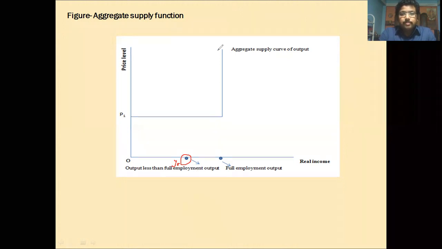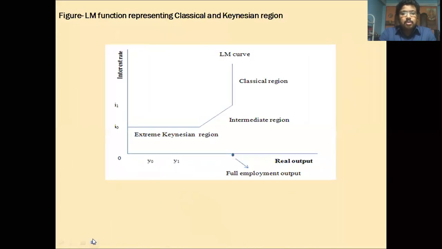Now I am erasing this marking. Now look at this. The LM function representing the classical and Keynesian ranges. In the same way, along the vertical axis, we measure the interest rate. Along the horizontal axis, the real output.